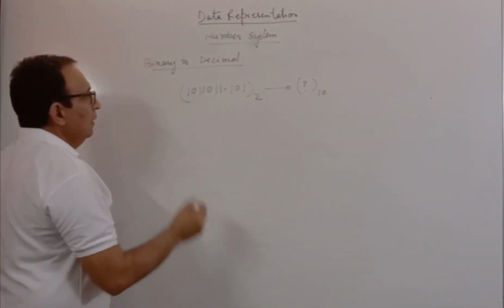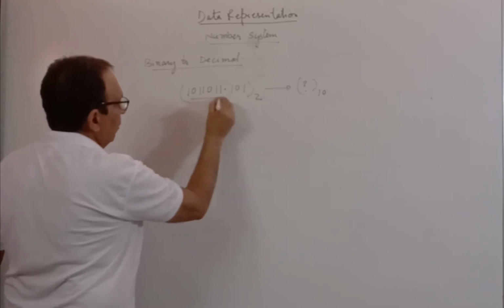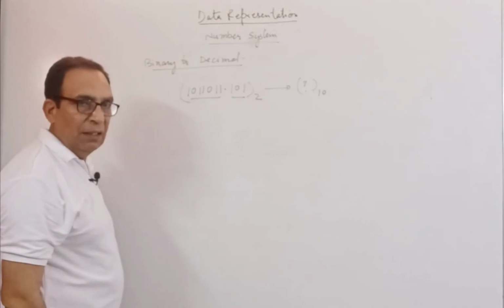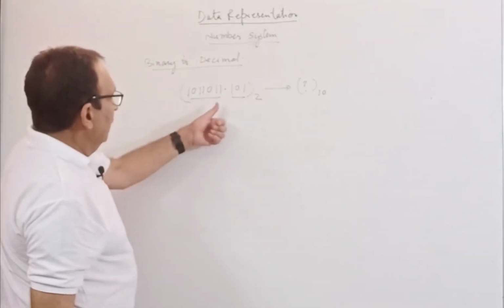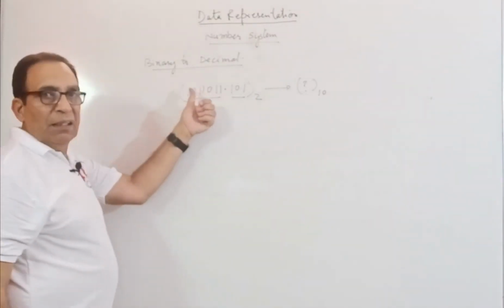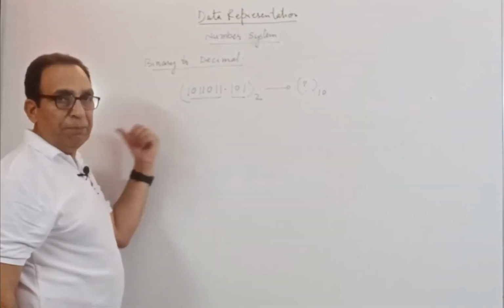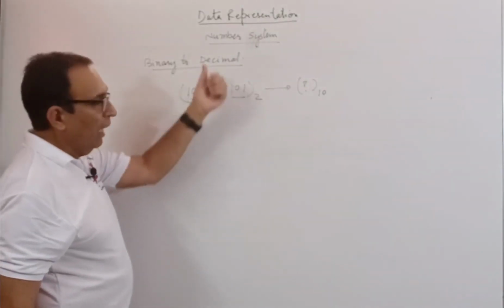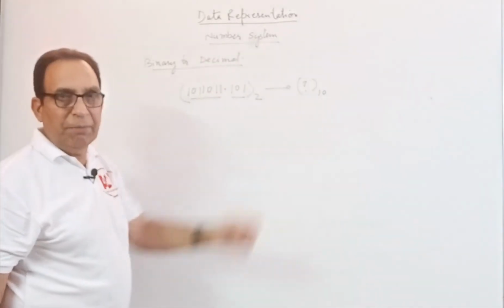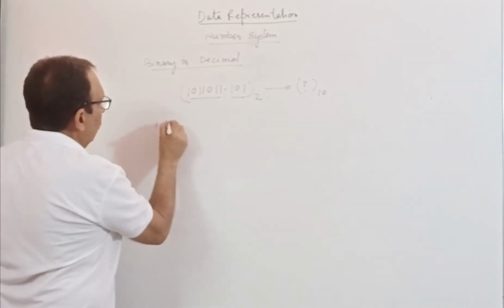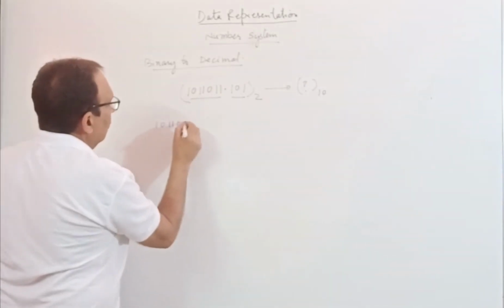Now, you see it has two parts. One is before the decimal point and the other is after it. Find the decimal equivalent of the part before the decimal point separately and the part after it again separately. So here I write this 1011011.